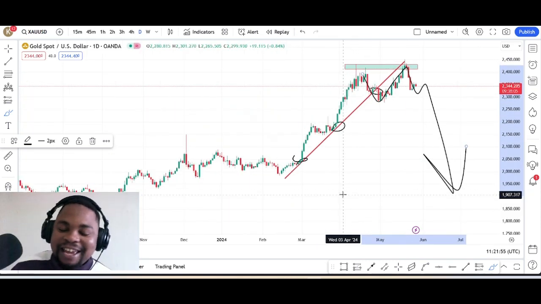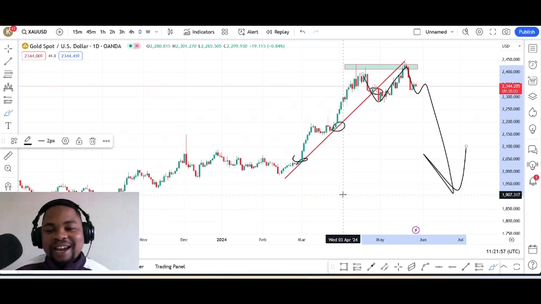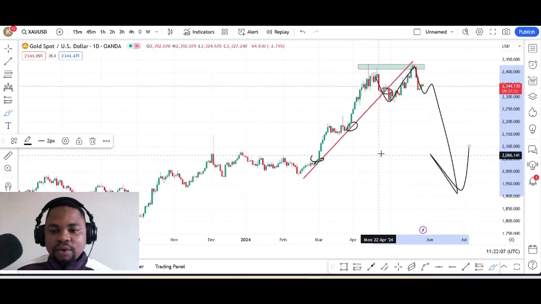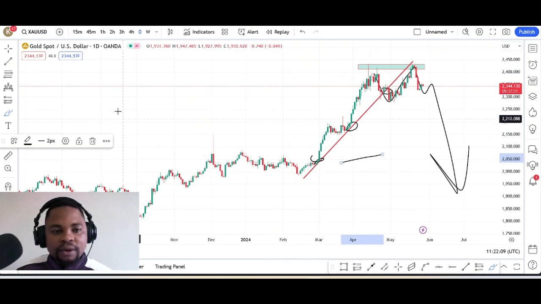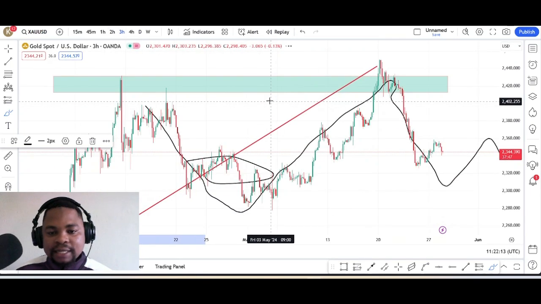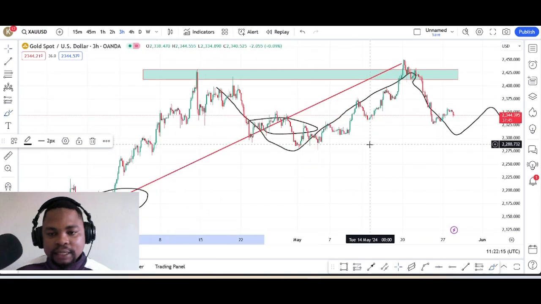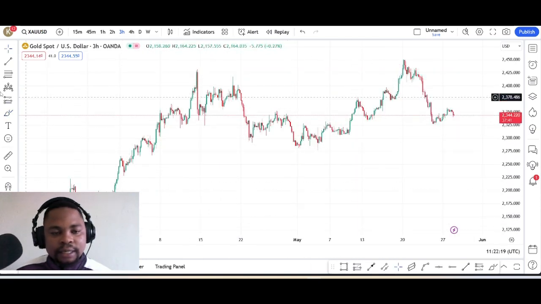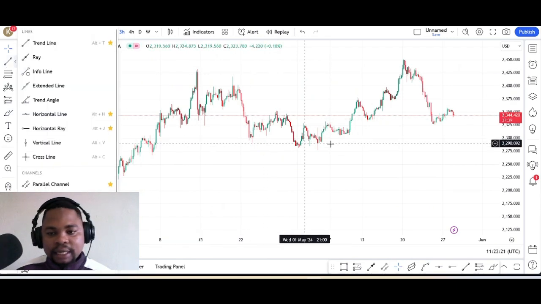But it will never happen that DXY is selling and XAUUSD is selling at the same time. So the only thing I would do in this case is simply wait for the confirmation, once I've seen that what I'm saying is 100% correct.